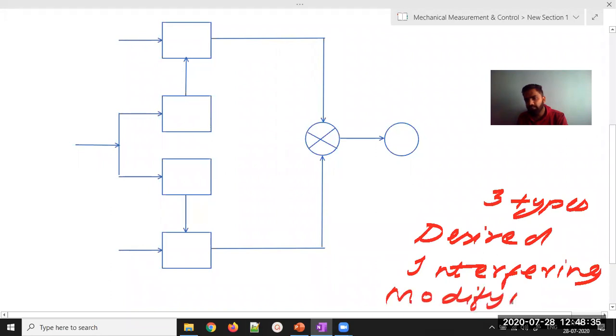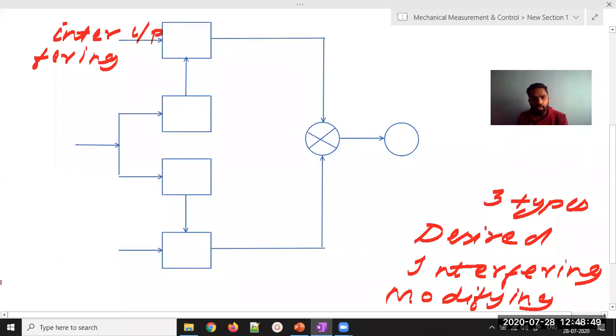I hope everyone is understanding. Suppose I am putting interfering here. I'm showing this part to be an interfering input. Now this is, suppose, my desired input.